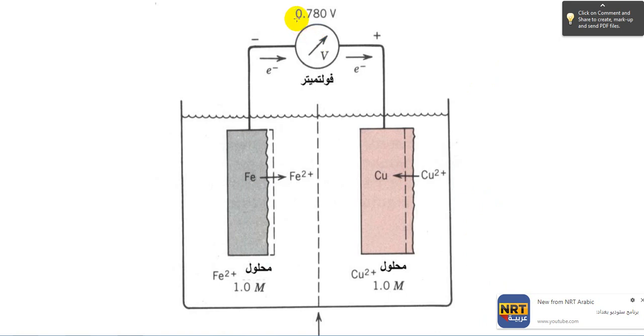The voltmeter is indicating 0.780 volt, with positive and negative poles, negatively charged and positively charged.